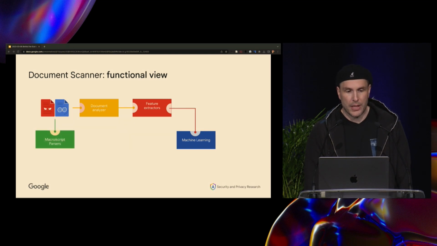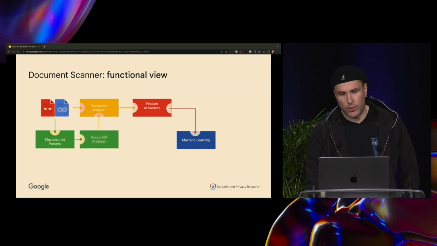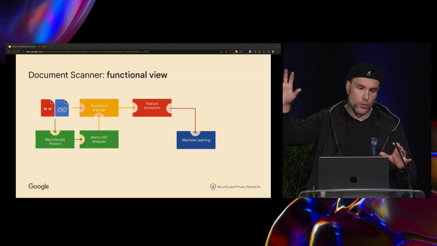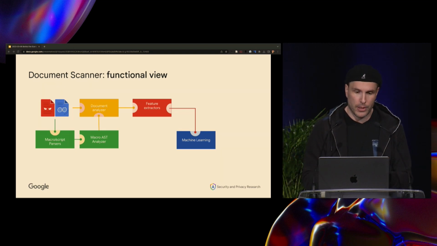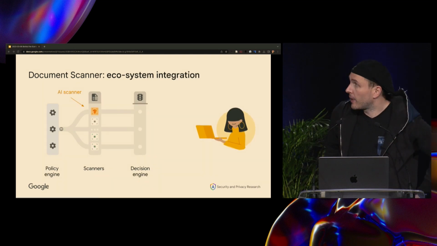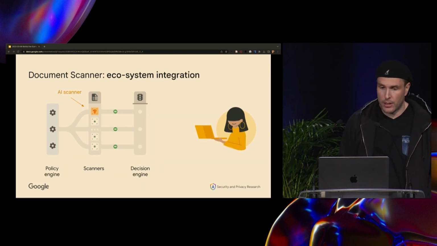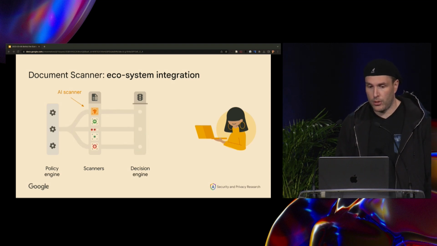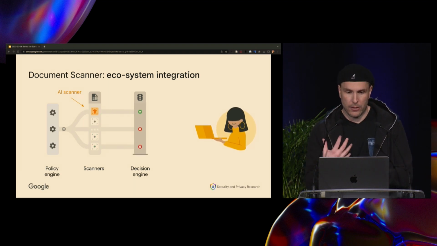At the same time, we add a set of analyses for everything related to macro and script language, in order to obtain a representative system with the script language on the one hand and the type of document on the other hand, to try and understand what the document does. Practically speaking, what we did is that we added another scanner to the system.